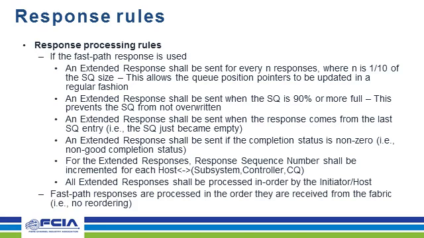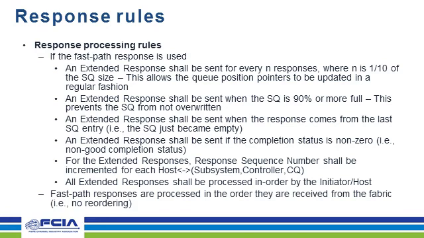So how do these two interact? It's a fairly robust set of rules. I'll just summarize them here. Essentially, the extended response is required to be sent one-tenth of the time. So if you had a queue depth of 1,000 entries, every 100 responses would be required to be an extended response.